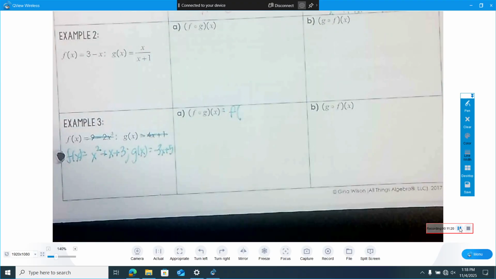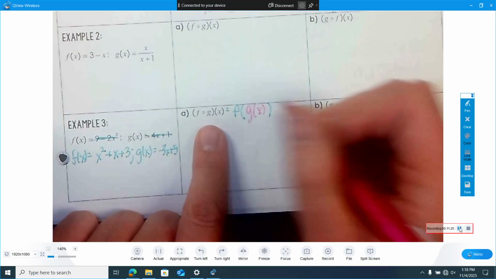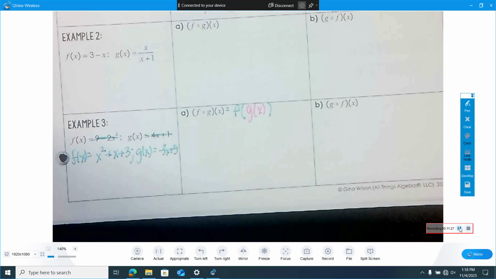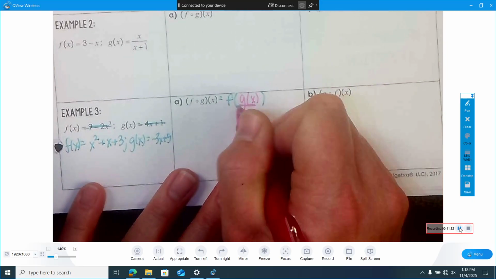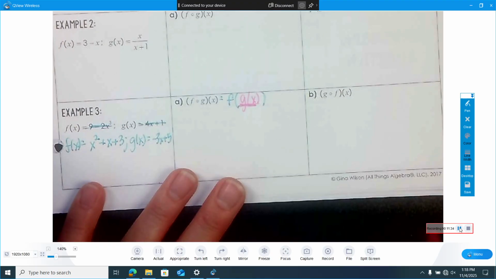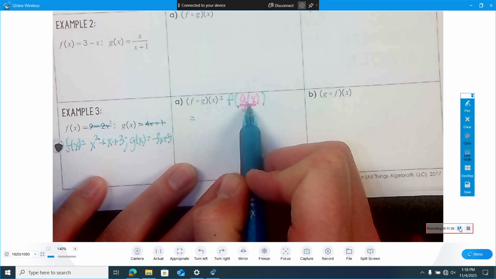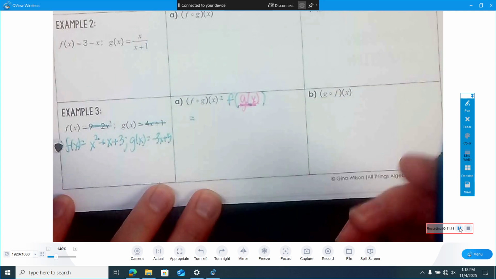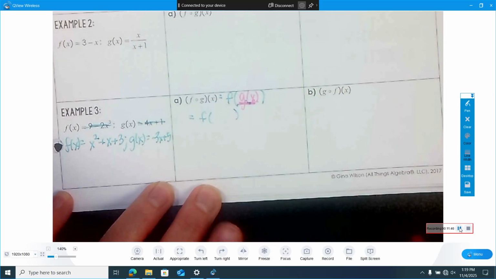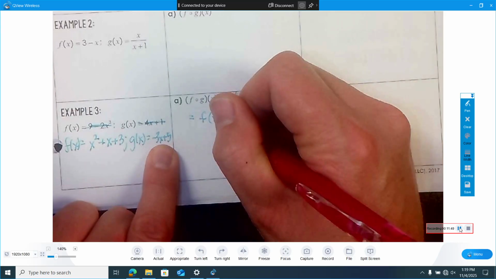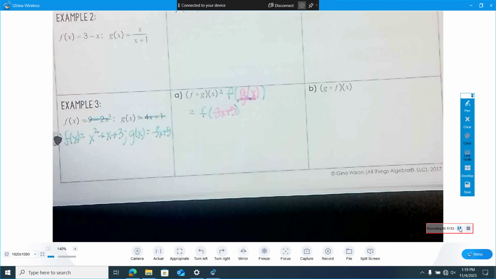F of g of x. And so what is f of g of x telling you to do? So what can I replace g of x with? Negative 3x plus 5. So there's my f, and instead of g of x, we have a little function, negative 3x plus 5. All right, now that tells you f of negative 3x plus 5.